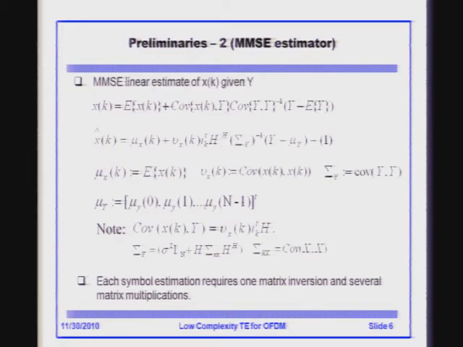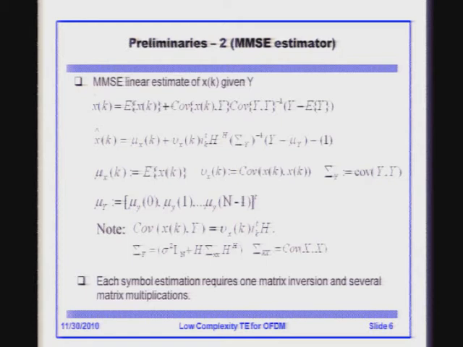These are the standard linear estimate equations. The simple estimate is given by the first equation, and x hat k is given by this equation. This is the standard MMSE formula.